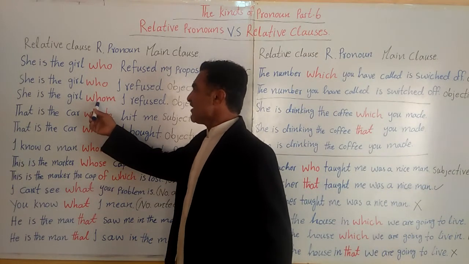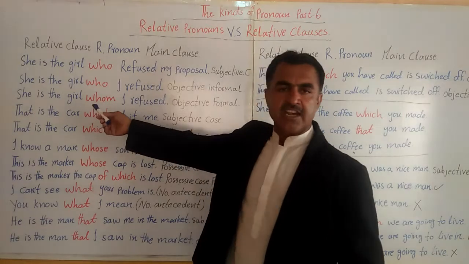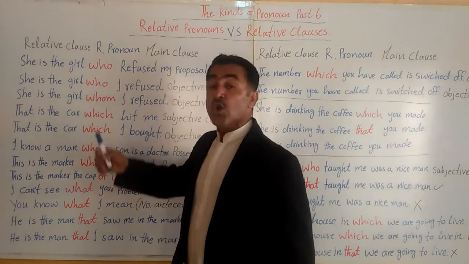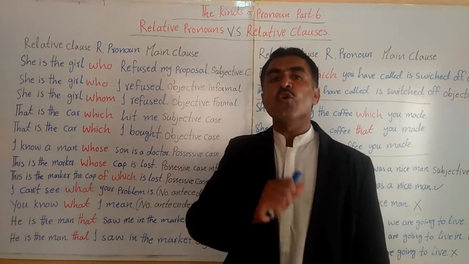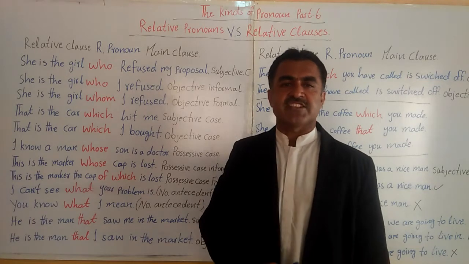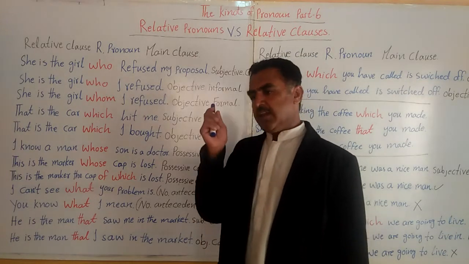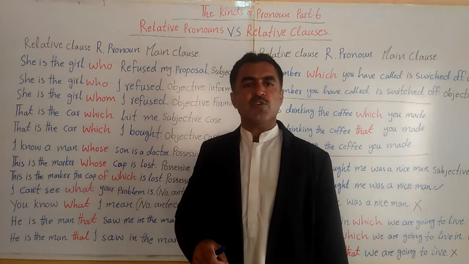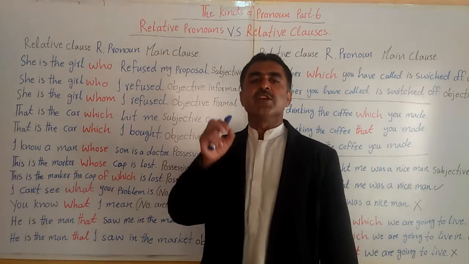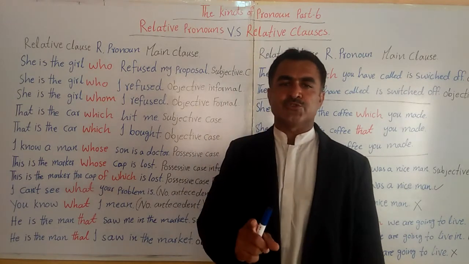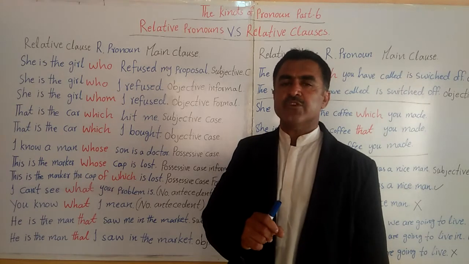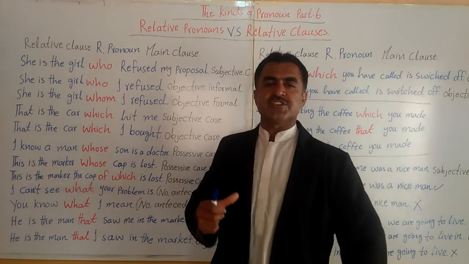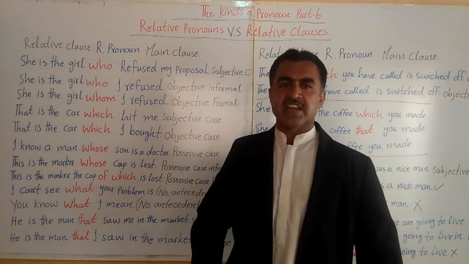Because for objective cases there is already a relative pronoun available, whom, which we only use for objective cases. In spoken English it's not a matter, but in writing you must use whom. You cannot use who for objective cases in written English.